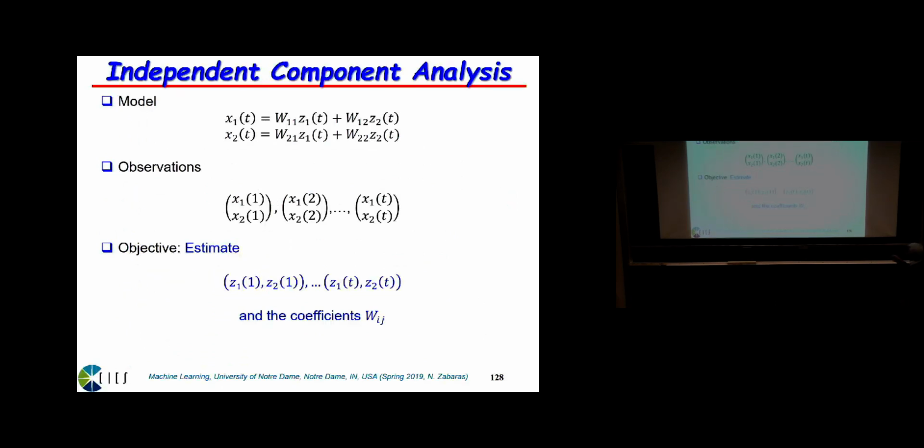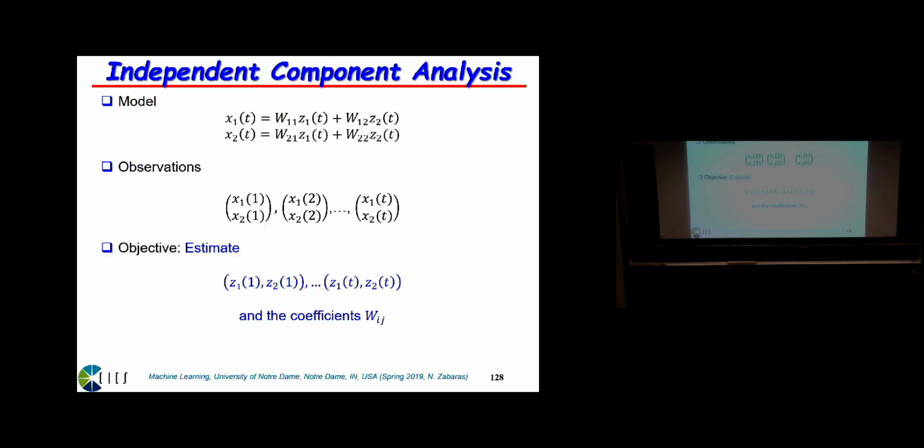Suppose that two of you in the back of the room talk, and I have two microphones at the end of the room, and they are picking up basically an average of the two signals from you. Okay, so the problem that we have to define here is the following. If we measure the mixture of the signals Z1 and Z2, can we actually go and recover the original sources?